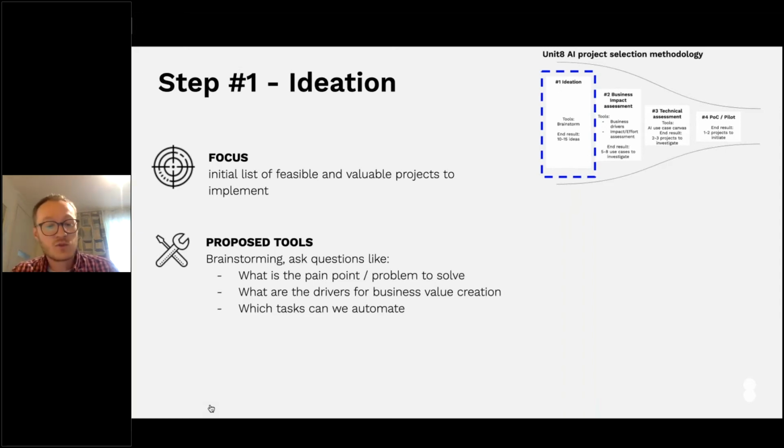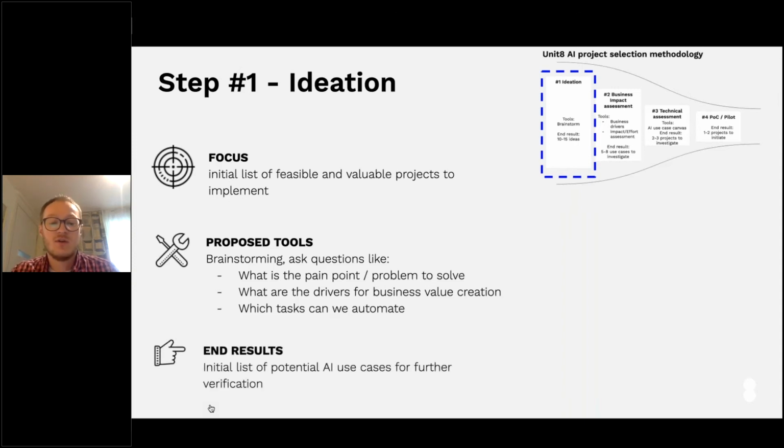And some of our customers, of course, are also looking to reduce cost. So they'll be asking us, hey, how can we automate our sales forecasting, as an example? Those are the types of topics and questions that you want to ask yourself at the ideation stage in order to get to the list of potential AI projects that you want to further verify.